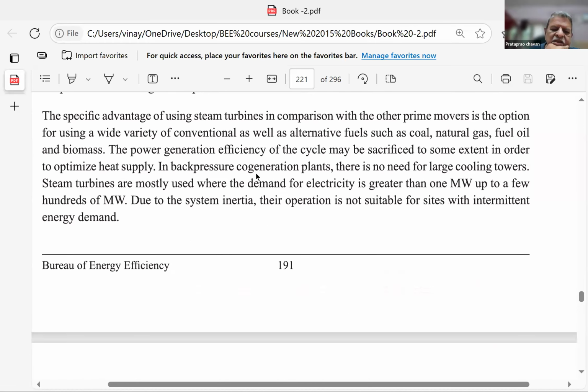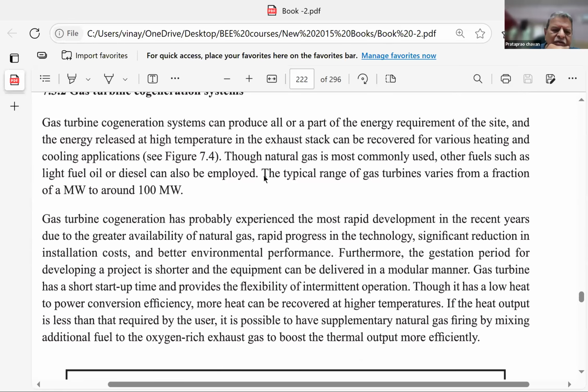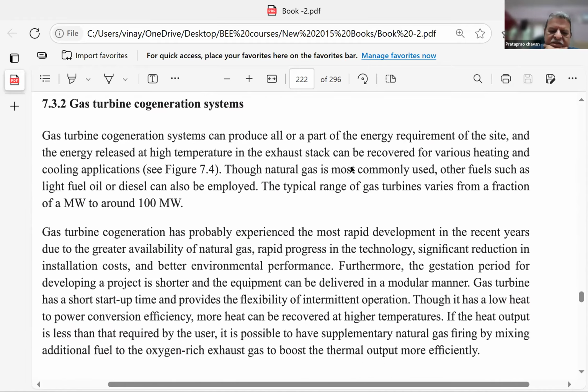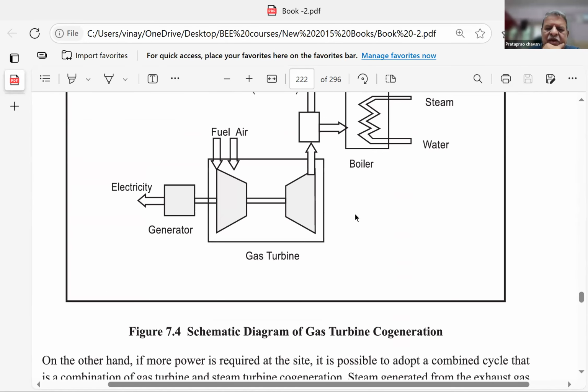In the second system, it is the gas turbine. The only difference is that these are gas turbine cogeneration systems. What is a gas turbine? Here, this is a gas turbine unit. The fuel plus air mixture goes here. The middle portion is a combustion chamber, a furnace you can say.